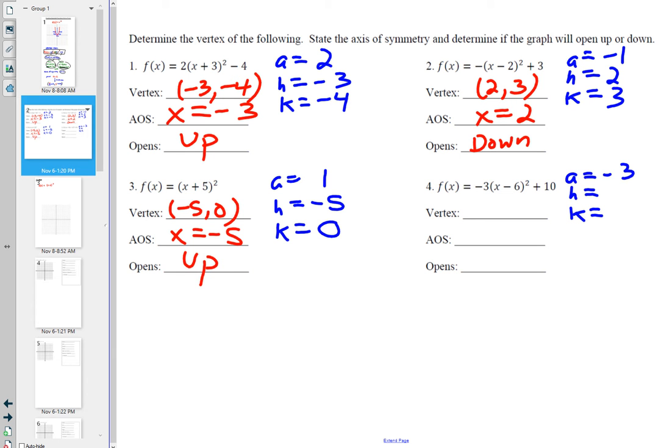Okay, so positive. Vertex is going to be at (6, 10). Axis of symmetry is at x equals 6. And it's going to open down. a is positive.